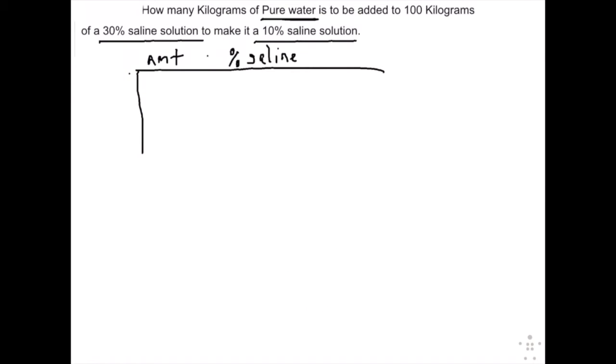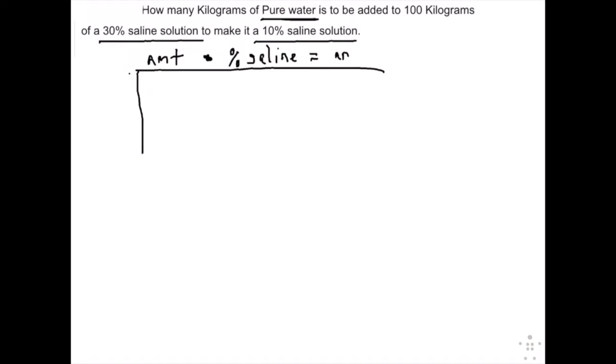Okay, so let's think about this. If I have a certain amount of something that is, in this case, 30% saline, let's say I had 100 gallons of liquid and it was 30% saline. If I multiply the 30% times the 100, I can find out how much saline I have in there.